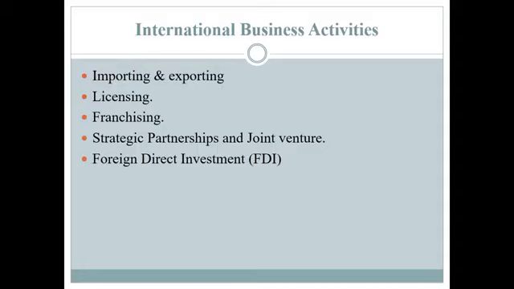For this activity they charge royalty, that is the fixed fee for such activity.